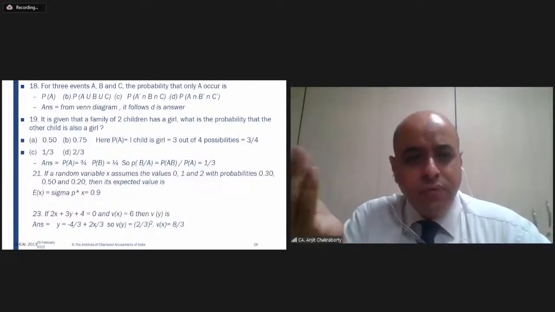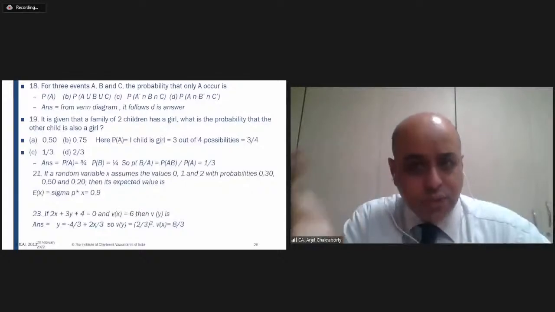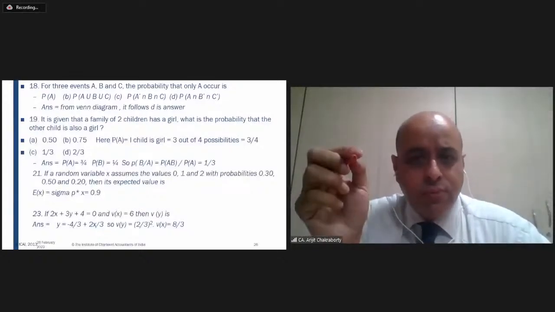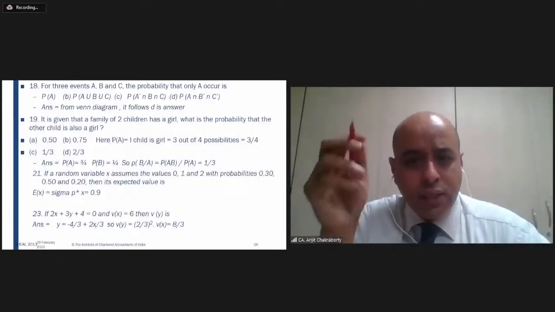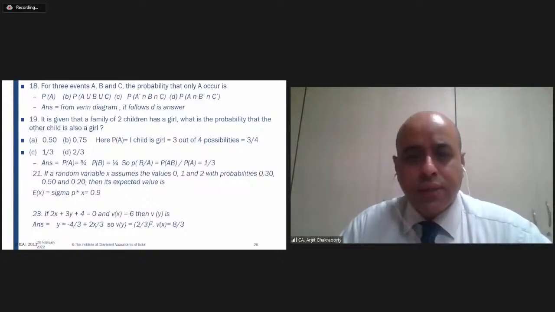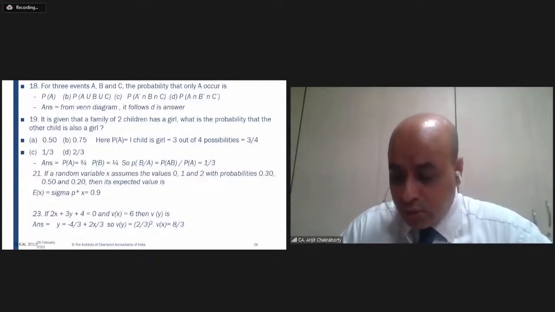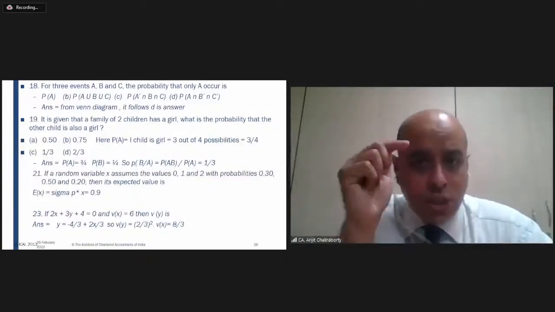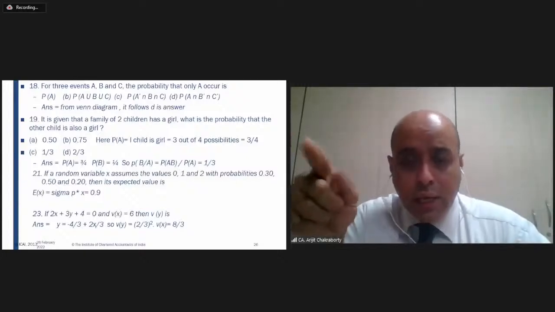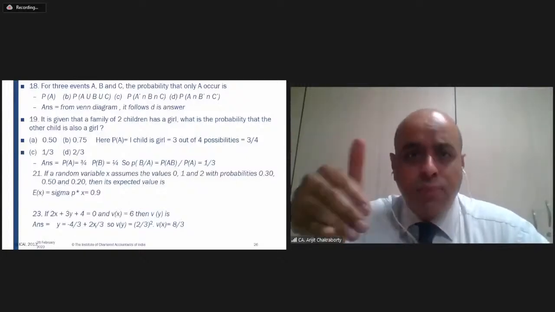Here we can see it's a question of conditional probability. We have found the probability that at least one child is a girl, that is 3 out of 4. The other child is also a girl only when you get the combination GG, which means 1/4. Why?